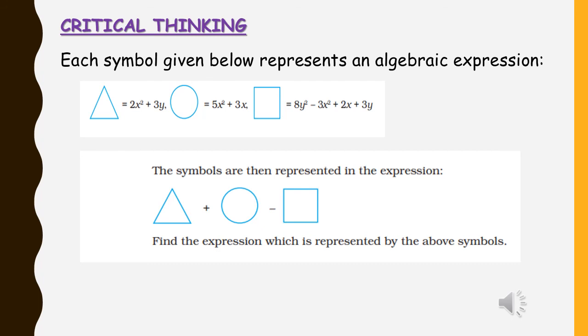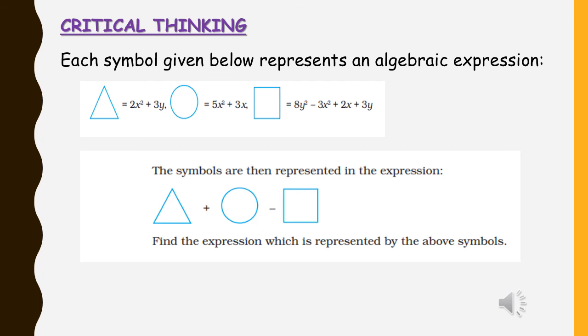Let us now solve this problem. Each symbol like triangle, circle, square which are given below, represents an algebraic expression. That means triangle is equal to 2x square plus 3y, circle is equal to 5x square plus 3x, and square is equal to 8y square minus 3x square plus 2x plus 3y square.